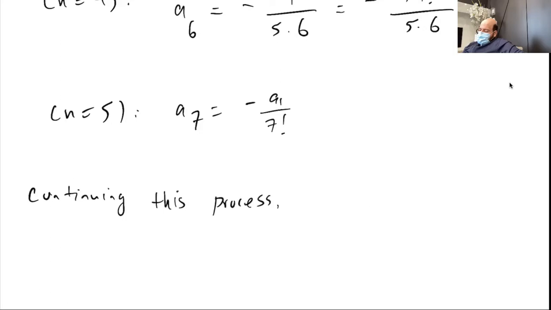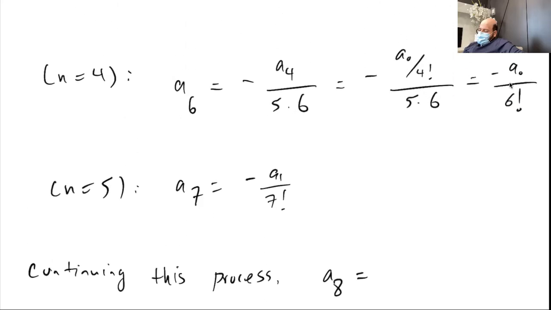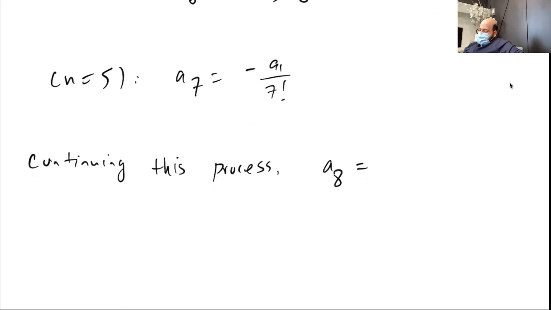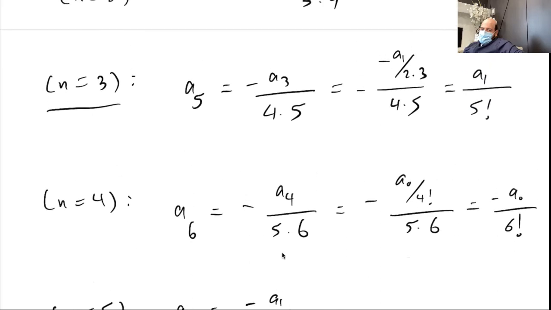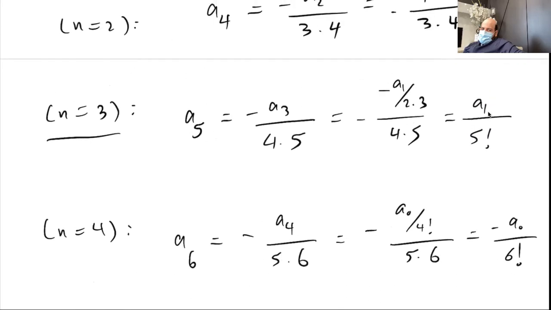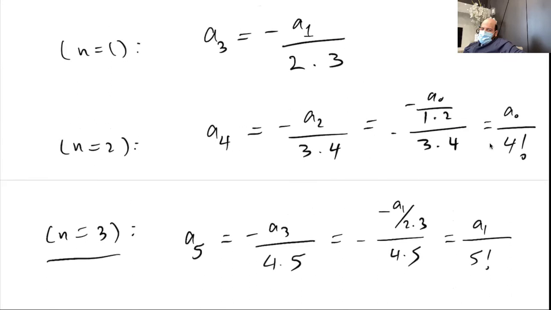What do we get? Let's say a8 would be, so we had 2 minus, now we'll have 2 plus, a0 over 8 factorial. See, the even indices are in terms of a0, odd indices in terms of a1.